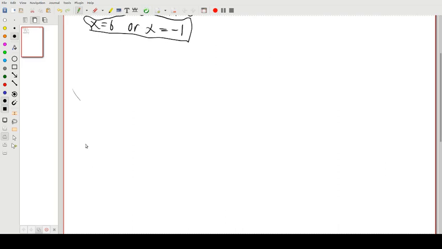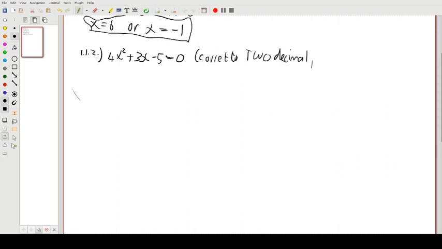Question 1.1.2 says 4x squared plus 3x minus 5 equals 0, and we are told in brackets to give your answer correct to 2 decimal places.